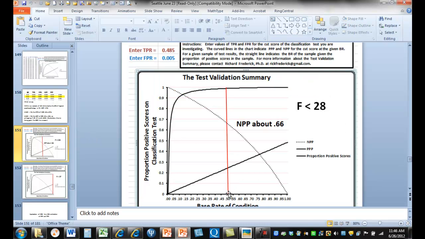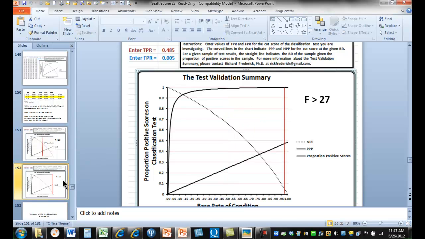Then I assume that for my SIRS, 51% of the negative scores are faking, and a positive score on the SIRS still yields a very, very high positive predictive power. And a negative score on the SIRS still has about a 1/3 chance they're faking.